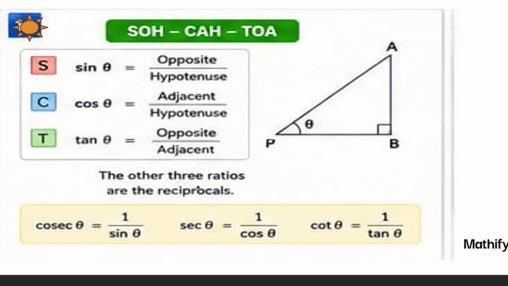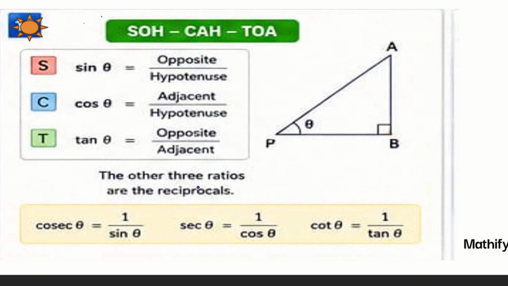CAH means cos theta is equal to adjacent upon hypotenuse. And TOA means tan theta is equal to opposite over adjacent. So these are the three very important ratios, and you can learn them by SOHCAHTOA.